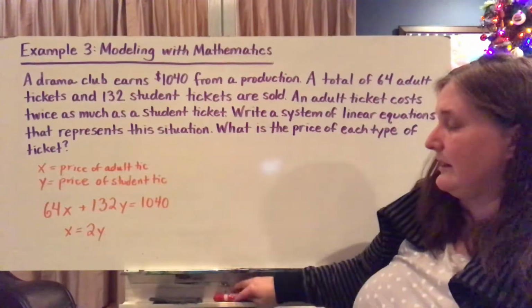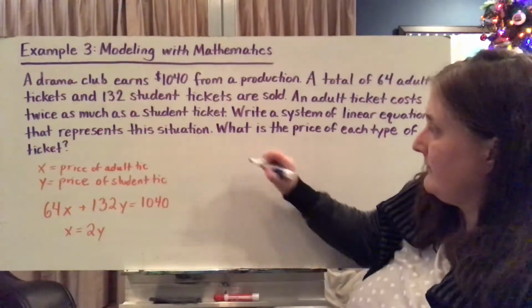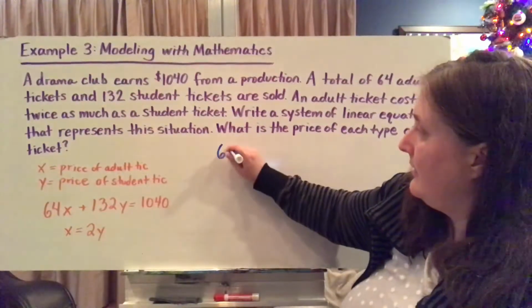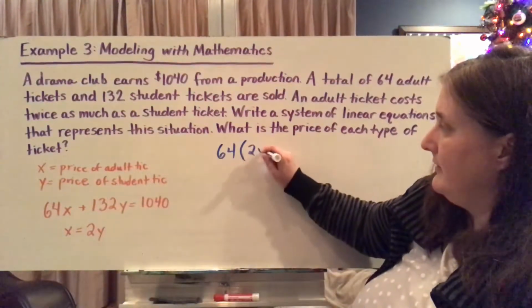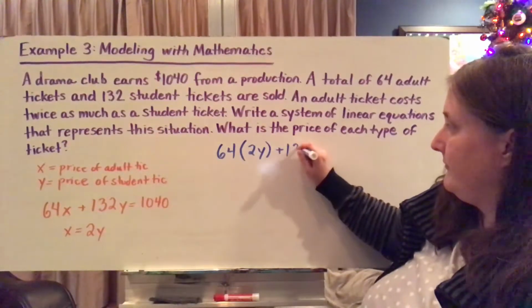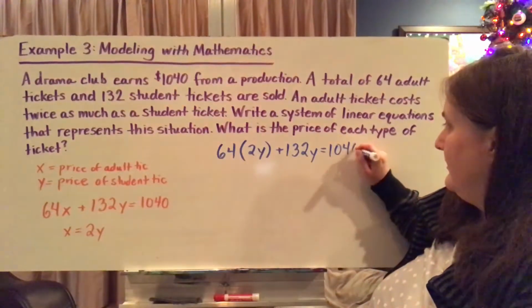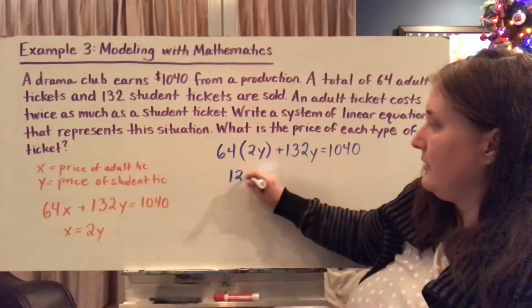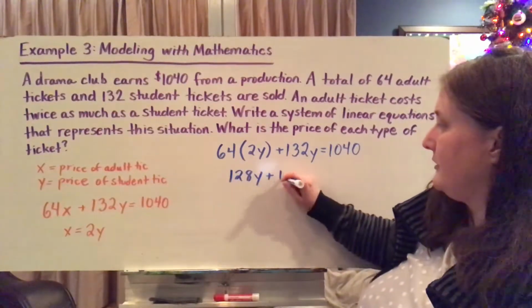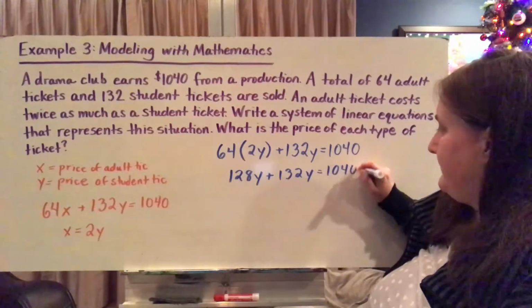So this one's already set up, x equals, so when I go to solve here, in place of x, I'm going to put in 2y. So 64 times 2y, I get 128y plus 132y equals 1,040.